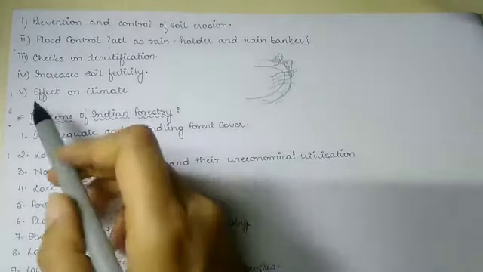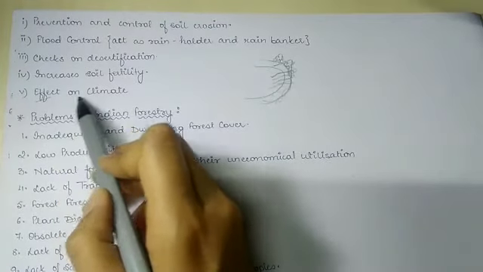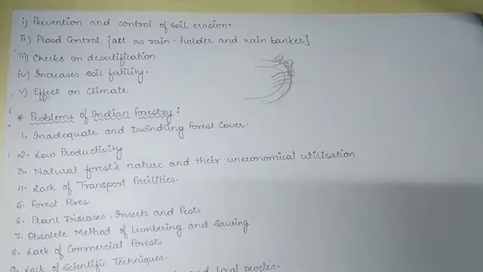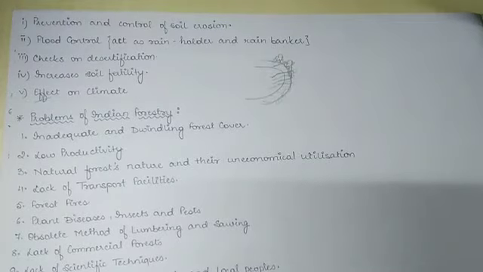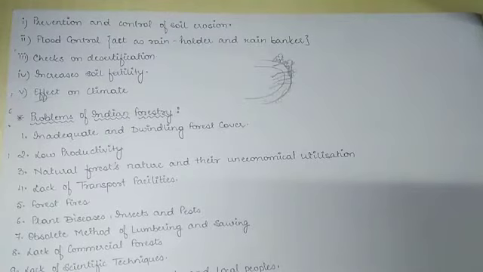Then last but not the least, we have effect on climate. Forests have far reaching effect on climate. They ameliorate the extremities of the climate by reducing the heat in the summer and cold in the winter. How? Because of trees, we will have shades. Another thing, they help in the water cycle.